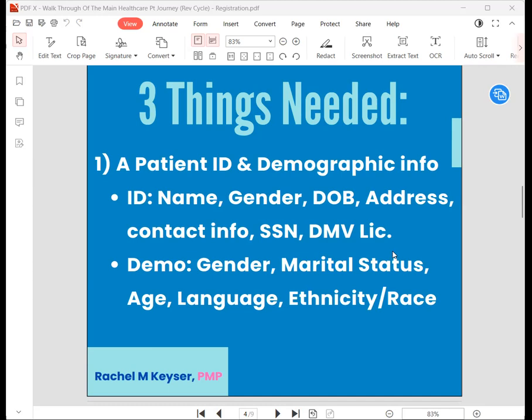Usually these are items that are collected when a patient checks in at the front desk, and they're kept in their chart or record. The next part of this is demographic information. Demographic means that usually these are items that you can run different data analysis on.